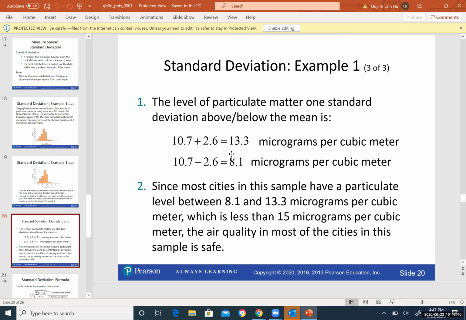So 8.1 is a value below the mean, and 13.3 is a value above the mean. 13.3 is one standard deviation above the mean, and 8.1 is one standard deviation below the mean. You can see the range from here to here is less than 15, so it's okay. The air quality is safe enough for most of the cities, right?